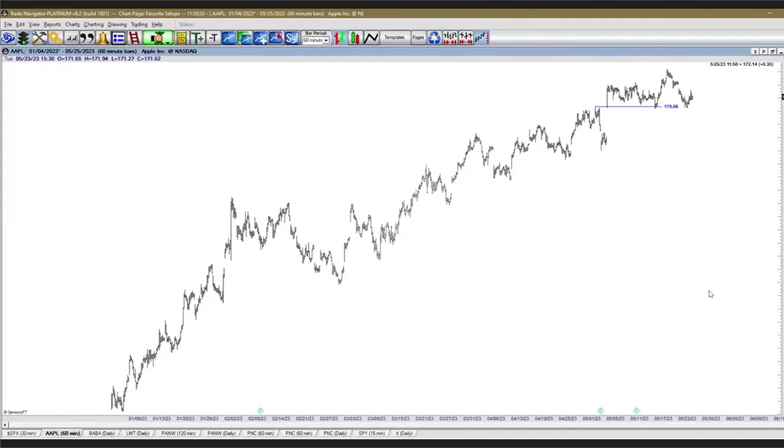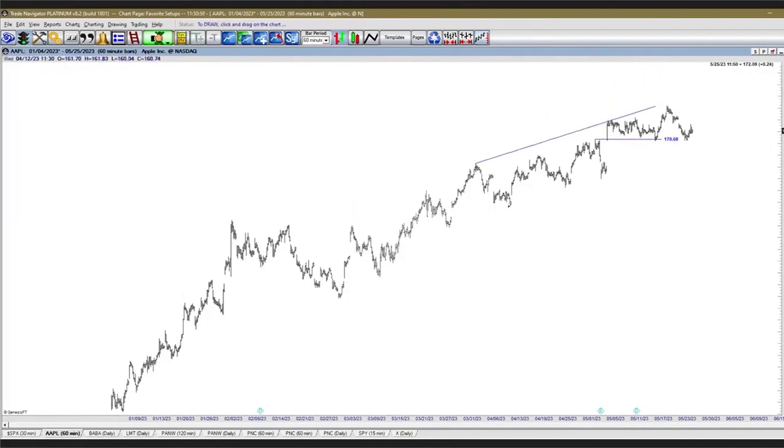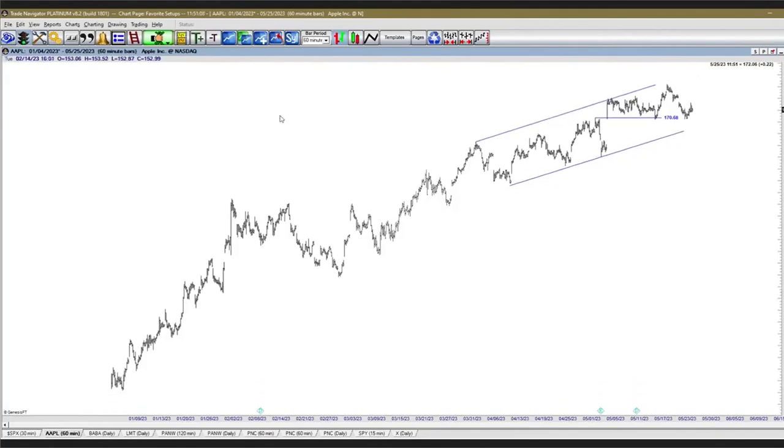Let's see. So 1, 2, 1, 2, 3, 4, 5, 3, 4. And then 1, 2, 1, 2, 3, 4, 5, 3, 4. No overlap there. 5. So, yeah. And if you were to draw trend lines here, they're not wedging. Looks like it's slightly expanding. So yeah, looks kind of like an ending diagonal, but I don't think it is one.